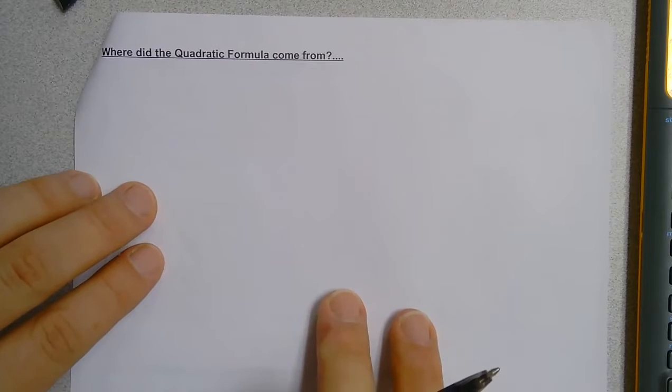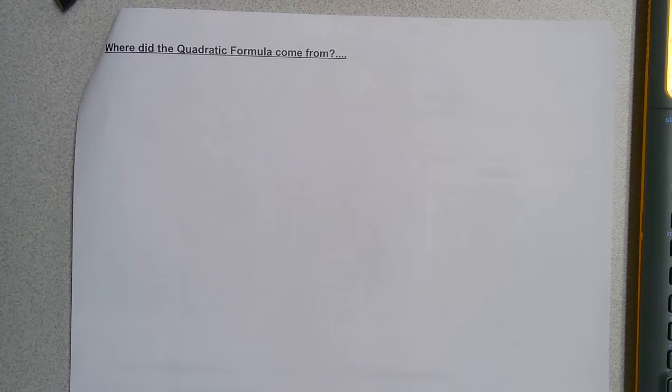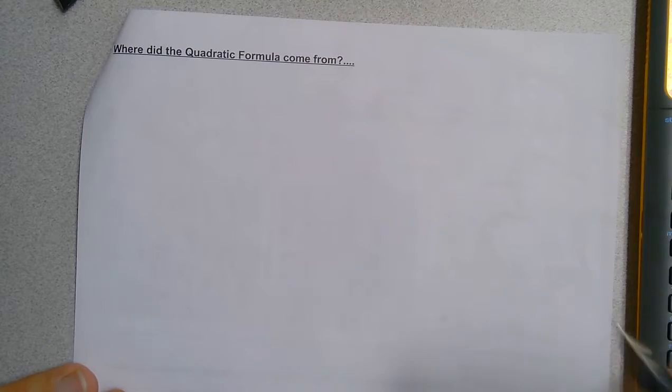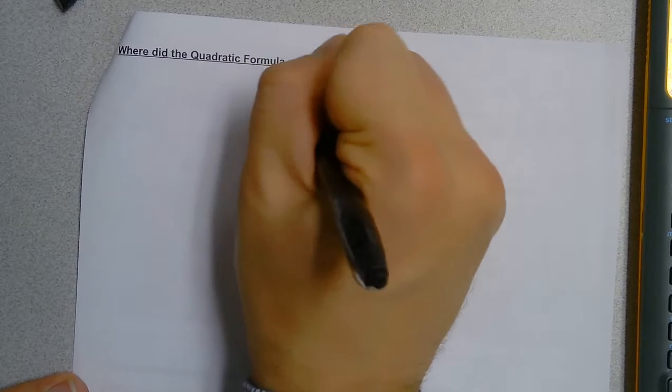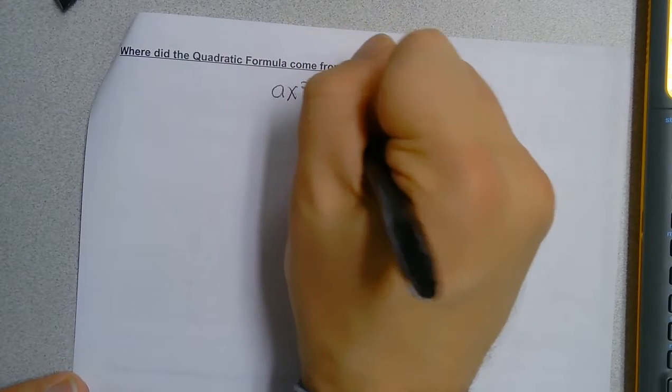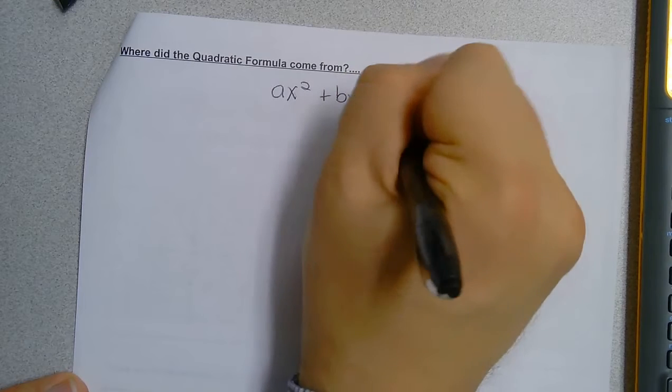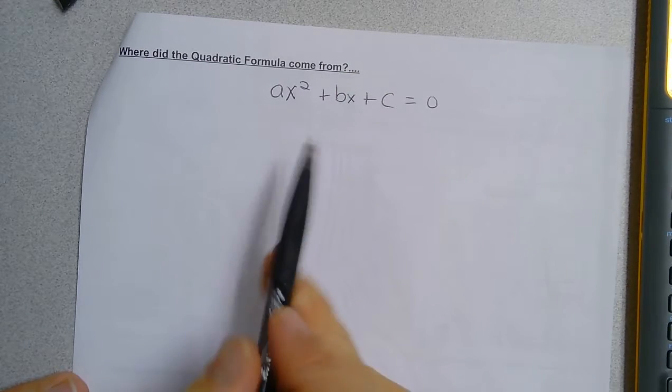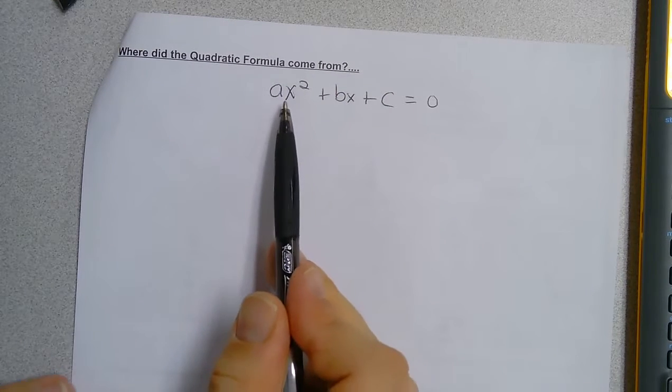And then lastly, what I'm going to show you is where the quadratic formula came from. So first of all, we have the general quadratic equation, ax squared plus bx plus c equals 0. And it came from actually completing the square.